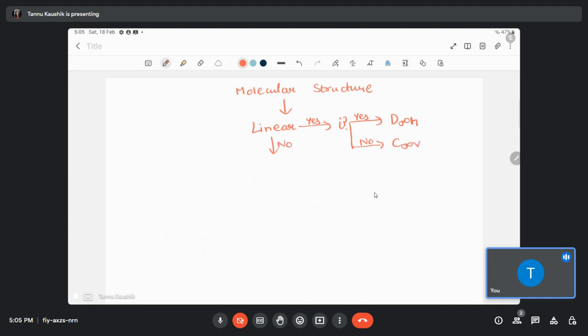So if a molecule is not linear, then we will move ahead and check whether the molecule has two or more C3 axes of rotation. If yes, then again we will check whether it has two or more C5 axes of rotation.